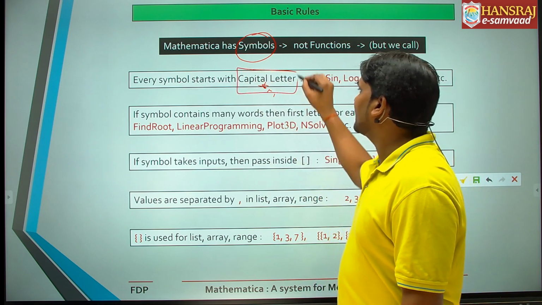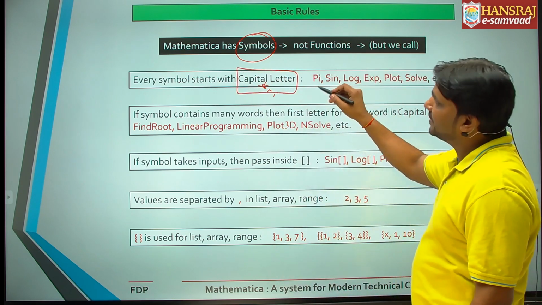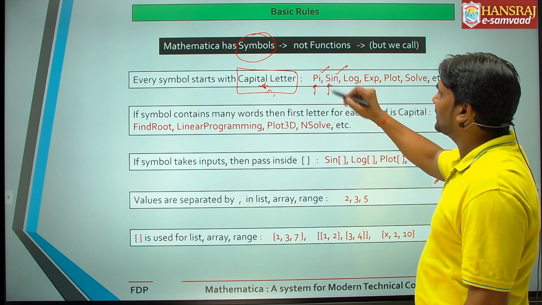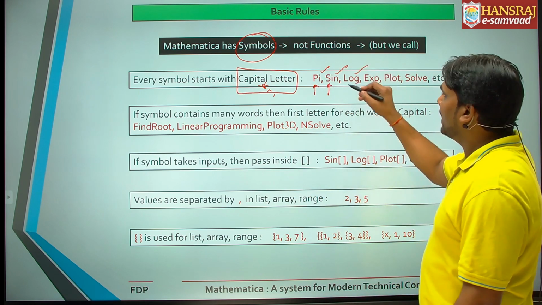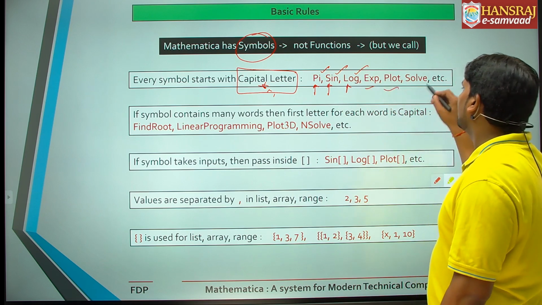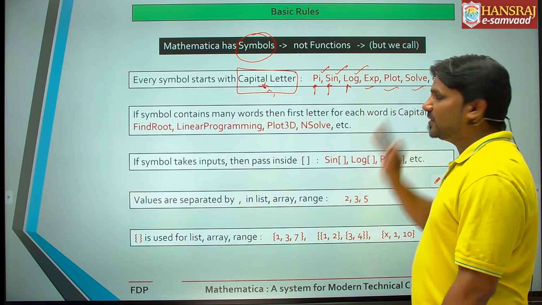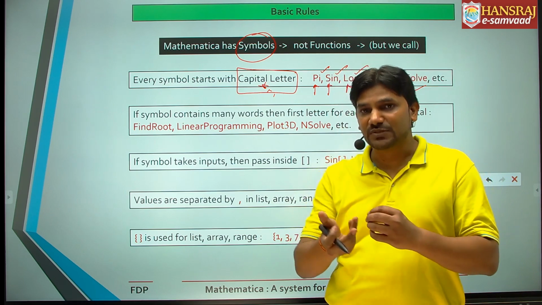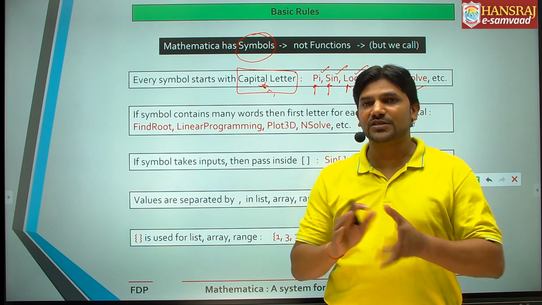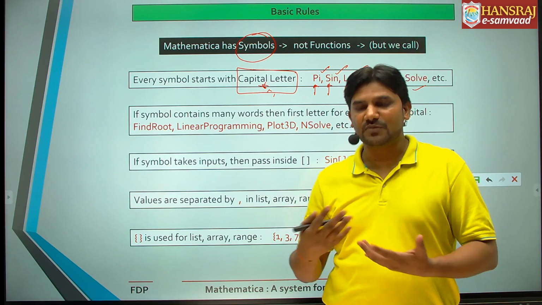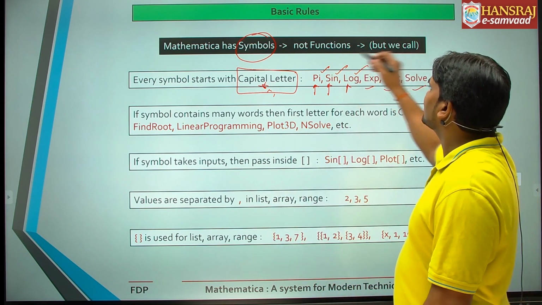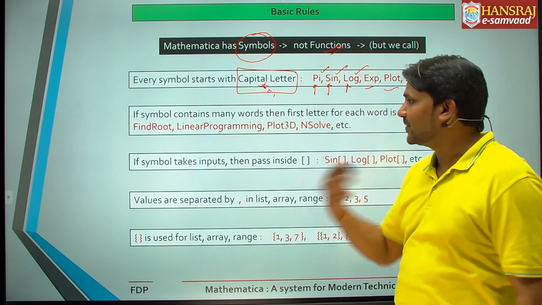That is the first rule. For writing Pi, P should be capital; for writing Sin, S should be capital; for writing Log, L should be capital, and so on. Whatever word you use as a function is really a symbol. Symbol is the correct word, function is not, but we are habituated to calling it a function.